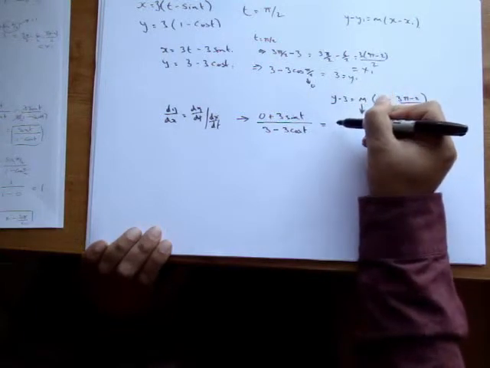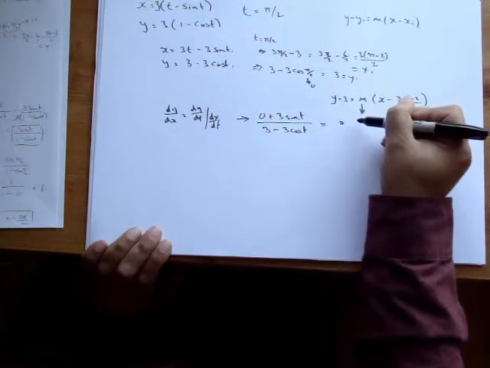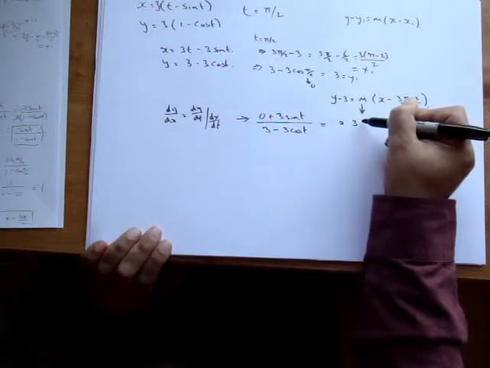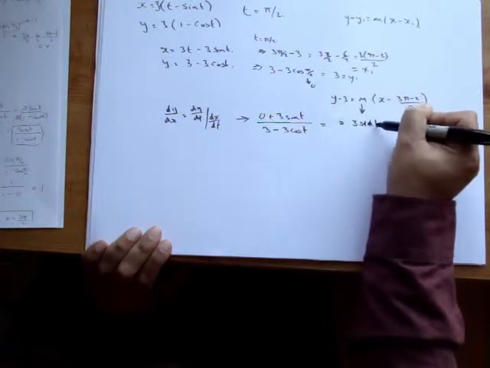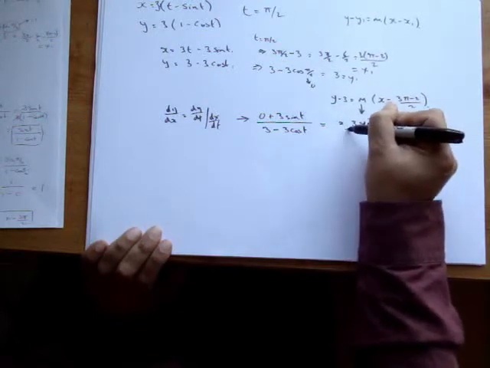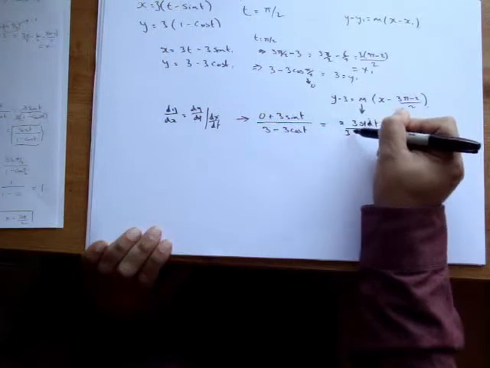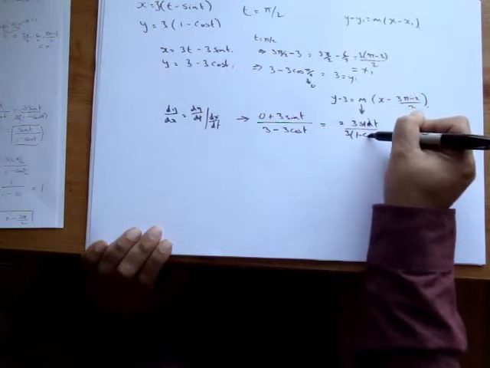Now we can rewrite this as 3 sine t over, factoring out the 3, 1 minus cos t.